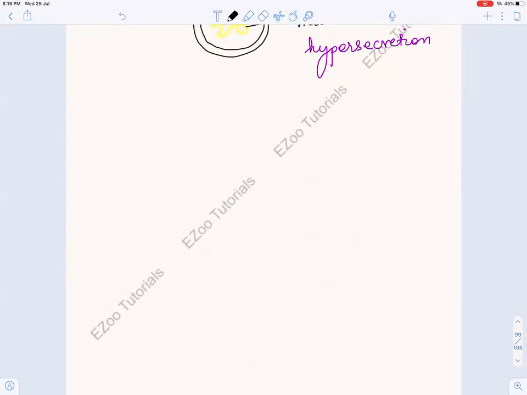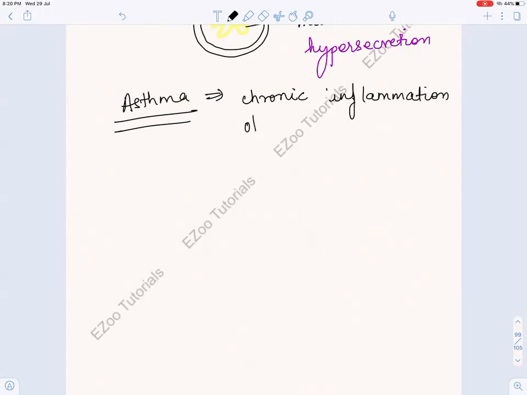Now let me tell you something about asthma also. The third thing that I said I will be talking about is asthma. So asthma is a chronic inflammation of the airways. You might have heard about this.